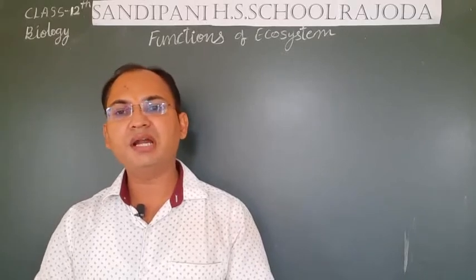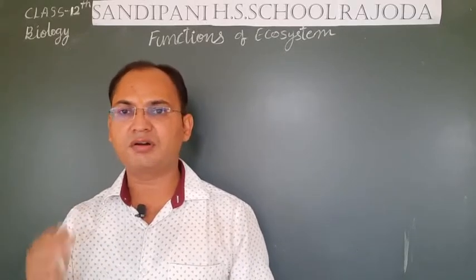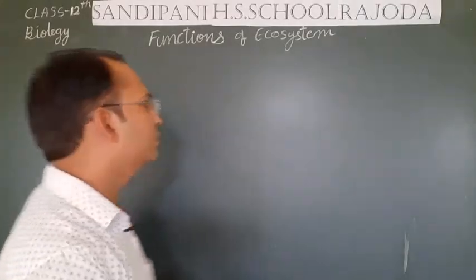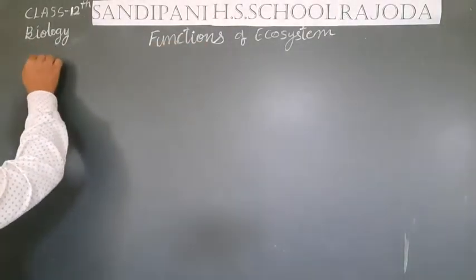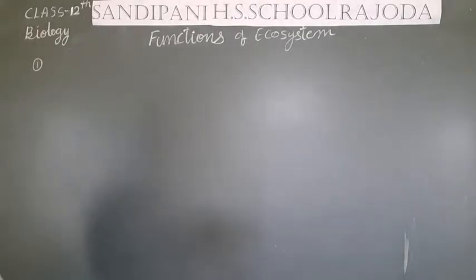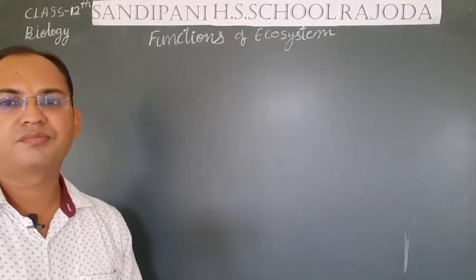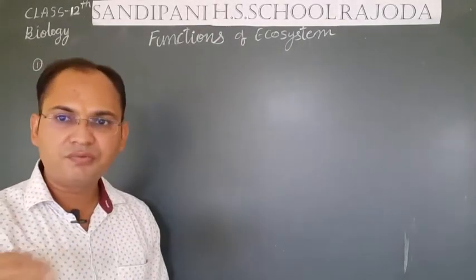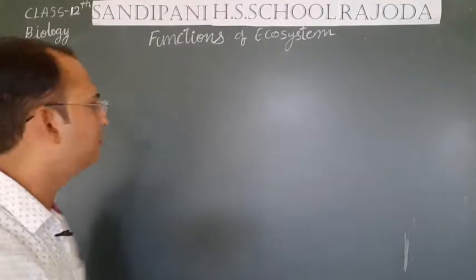Now, what are the criteria that constitute what we call a trophic level? First of all, if we see the functions of the ecosystem, then the very first function of the ecosystem is to flow the energy from one trophic level to another trophic level.